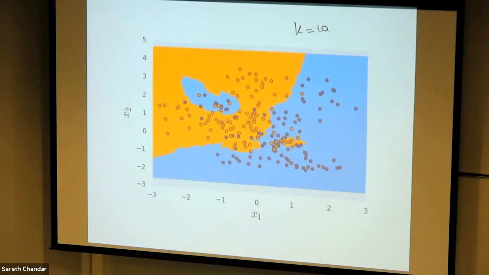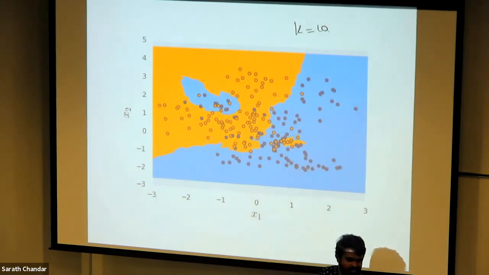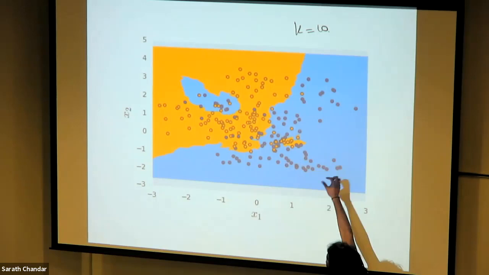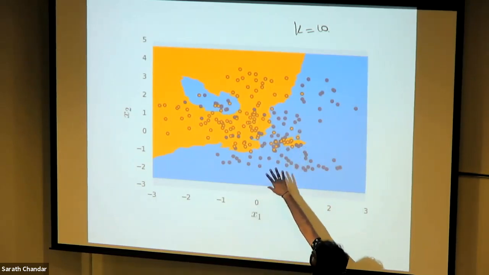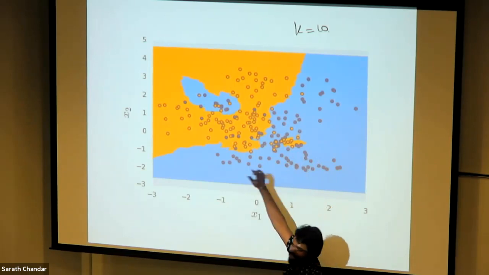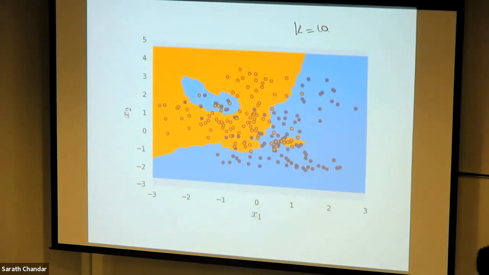When compared to linear regression, where you can only fit a line, here you can see that you have this wiggly blue boundary, and within this wiggly blue region, you have another orange region. Similarly, you have a really complex orange region, and within that, you have an island of blue region, right? So is this a linear model or a non-linear model?